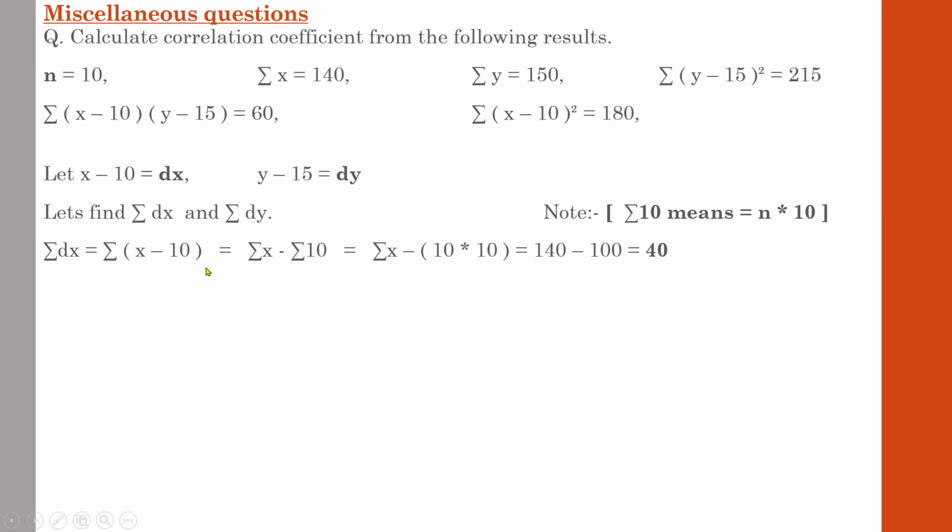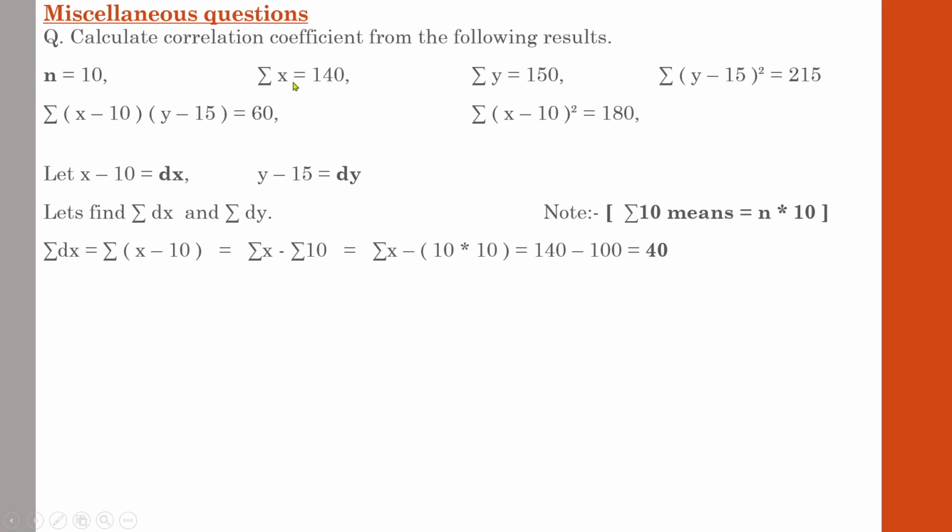Naturally you just open the brackets: sigma x minus sigma 10. We have just mentioned that note: whenever there is a sigma with a number, just multiply the value of n with that particular number. Here sigma 10 means n into 10, 10 into 10, it will be 100.